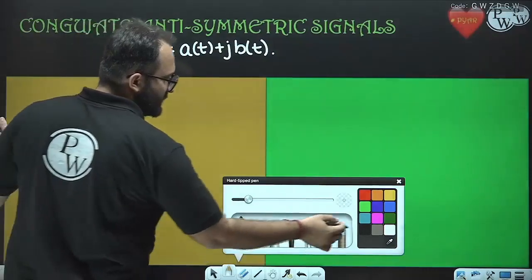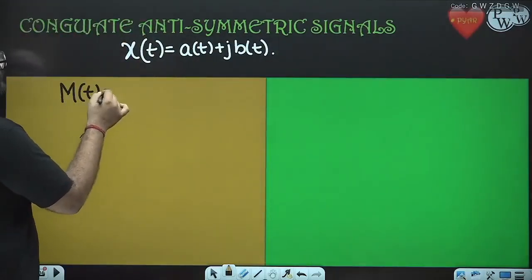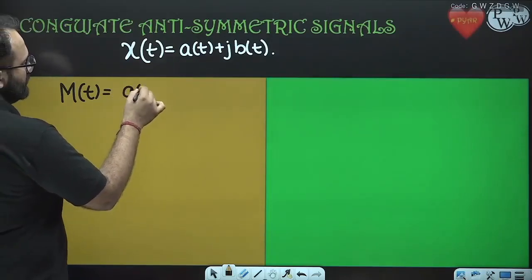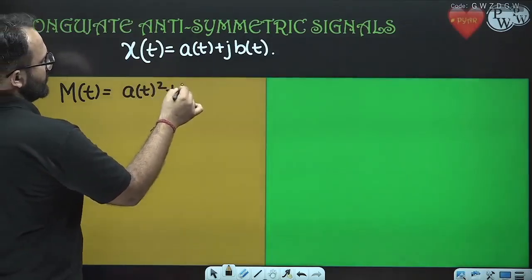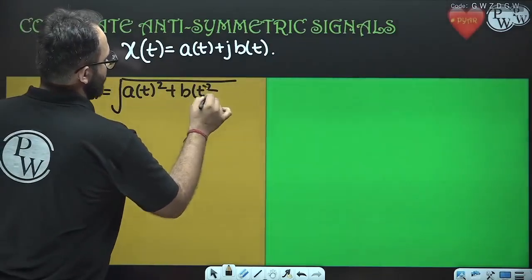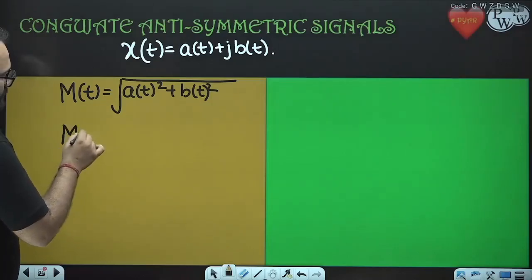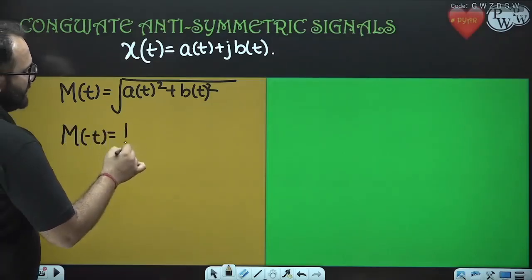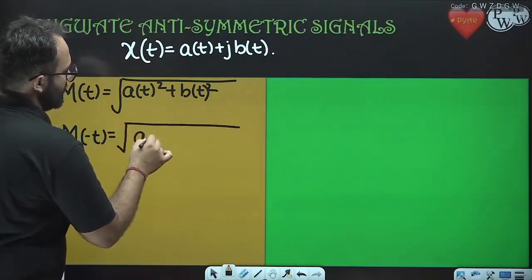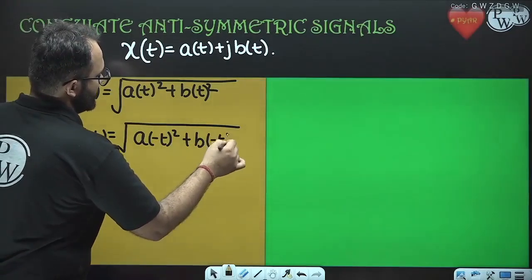Let us find the magnitude: M of t is the square root of a of t square plus b of t square. Now M of minus t: we put minus t in the whole equation, a of minus t whole square plus b of minus t whole square.